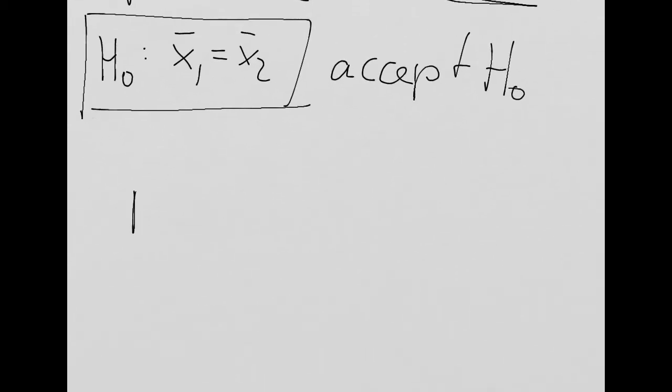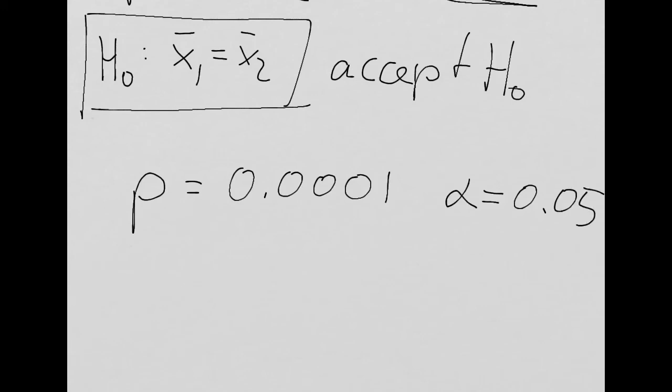Okay, I have a p-value of 0.0001. My alpha is 0.05. This is a very common alpha. What do I do with that? I reject the null hypothesis.